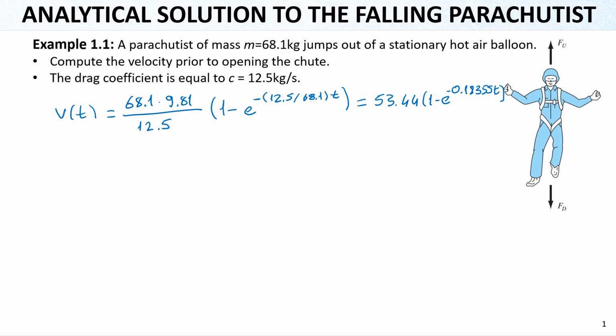Let's try to calculate the velocity by going from t equals 0 up to 12. If t is 0, then v0 is simply 53.44 times (1 minus e to the power of minus 0.18355 times 0).